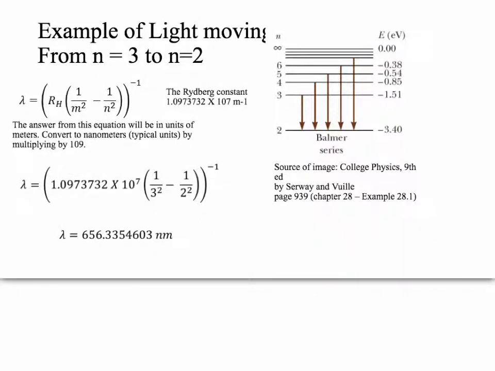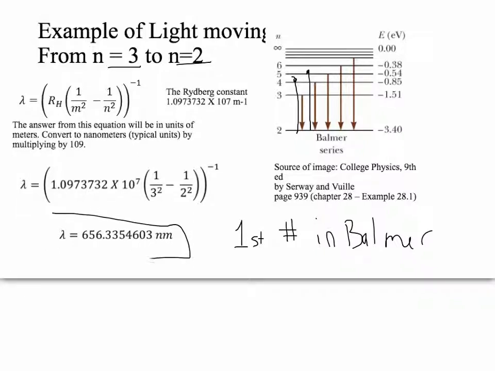So from n equals 3 to n equals 2 is the first number in the Balmer series, so the second number in the Balmer series would be from 4 to 2, then the third number would be from 5 to 2, and so on. The first number in the Balmer series is a wavelength of 656.3 nanometers.